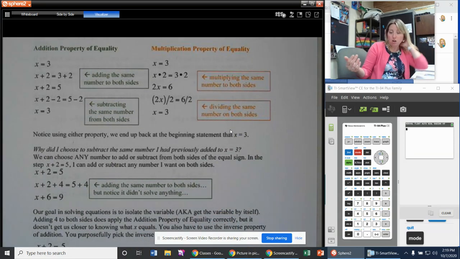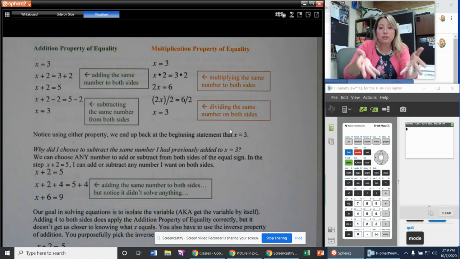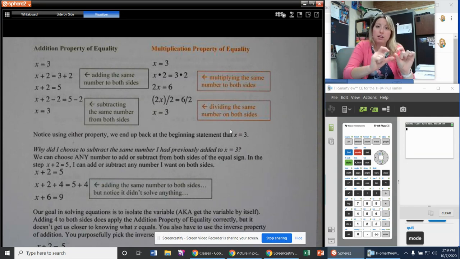The goal for solving equations is always to get your variable alone. And we do opposite operations in order to do that. Okay, and so we use the properties of real numbers in conjunction with the properties of equality. Meaning if I know based on the commutative property that A times B is the same as B times A, I can manipulate things that are being multiplied together.